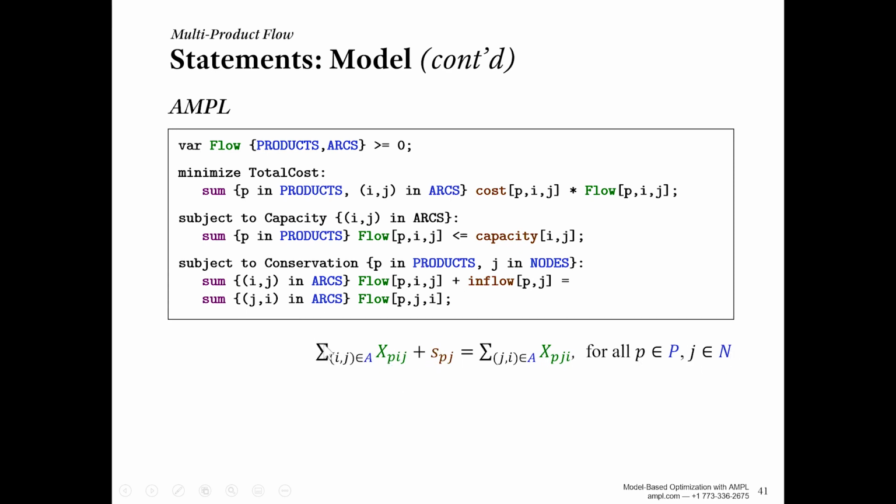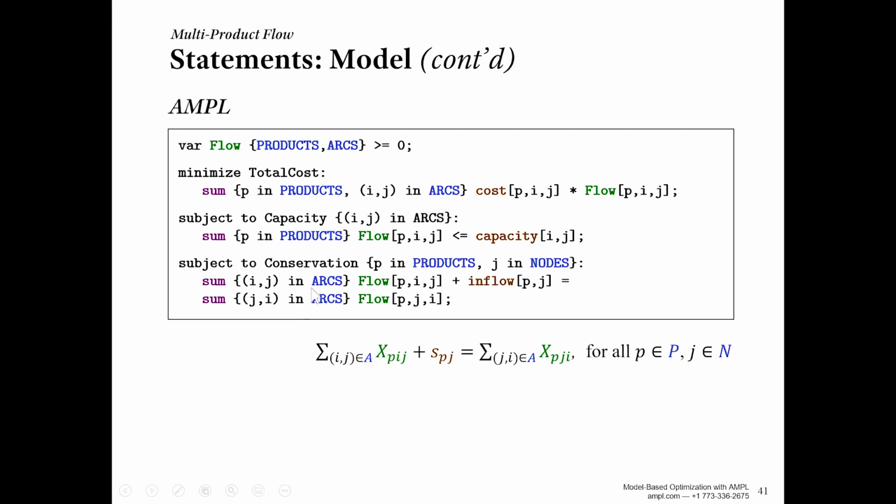And you see that the sigmas have become the word sum, okay? And the subscript ij in A has become ij in arcs, and the x_pij has become flow[p,i,j], and the s_pj has become inflow[p,j]. So I've given things nice names, but you see I've basically rewritten this exactly like this. Okay? And there's only one way, there's no quick sum or anything.